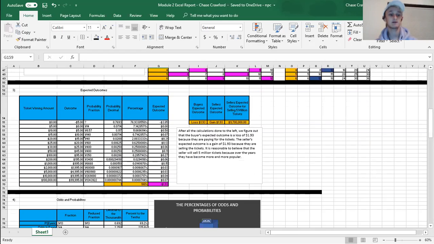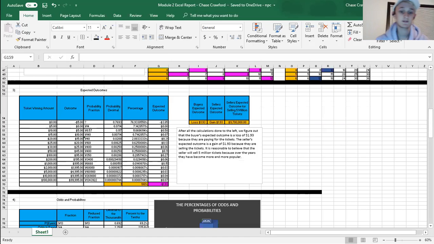Now, expected outcomes. As you can see, there are a lot of numbers, all the different ticket winning amounts, and the outcomes of how much money you would have after those tickets.